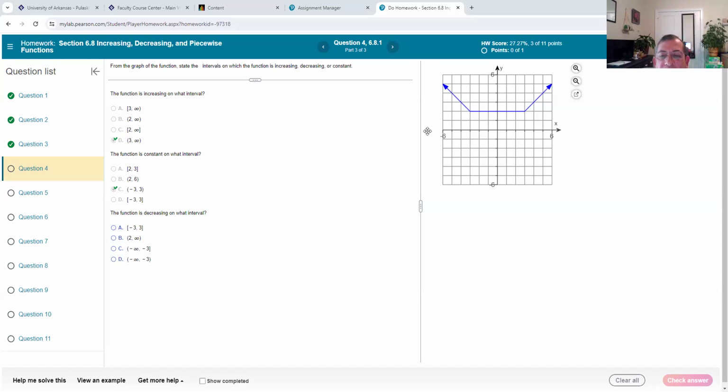As we go down this x-axis, the graph is going downhill until I get to this point where it started going flat. If I go down to my x-axis, that point is -3. So this graph comes in from negative infinity until it hits -3. That would be D. Now C is close, other than they got that bracket there, okay?